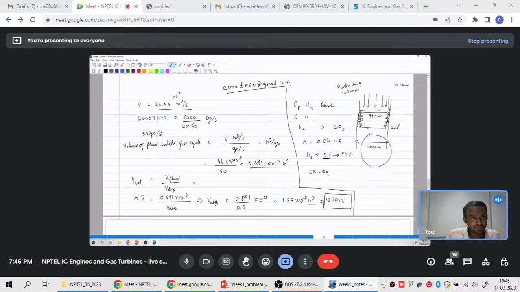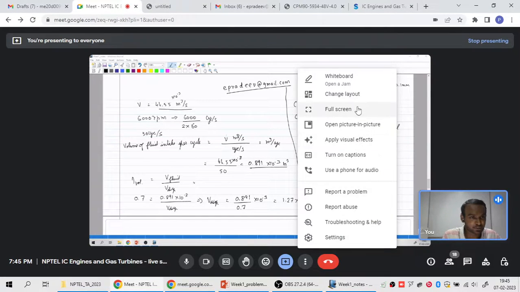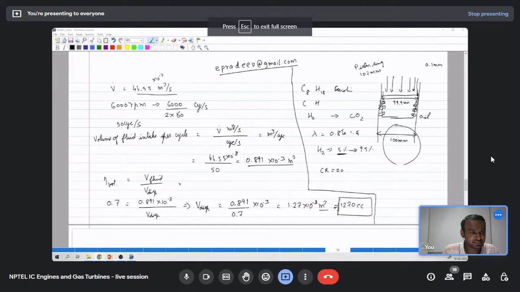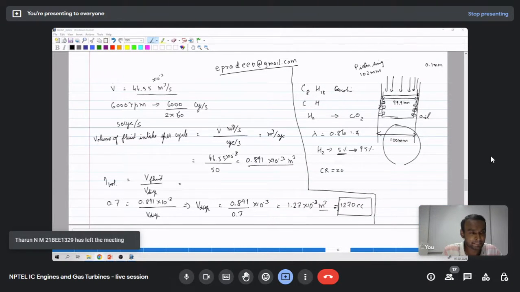Again, is this an assignment problem? Sorry, sir. Is this an assignment problem? No, sir. I just want to know what this statement is trying to tell. Okay. What is the statement? Constant pressure energy addition ceases at 10% of the stroke.